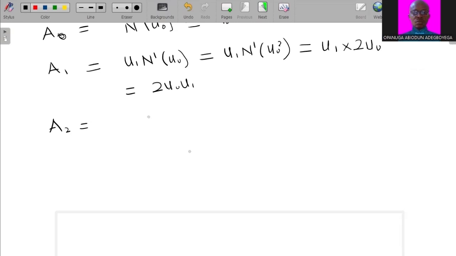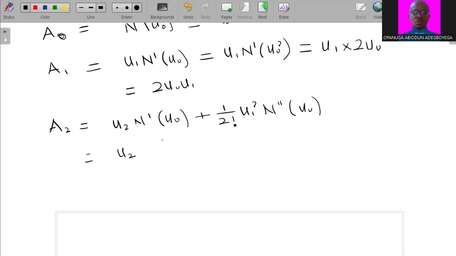Let us attempt A_2 here. We obtain the expression for that as u_2 N prime of u_0 plus 1 over 2 factorial u_1 squared N prime prime of u_0. In that case, it's going to be u_2 times the derivative of u_0 squared plus 1 over 2 factorial u_1 squared times the second derivative of u_0 squared.